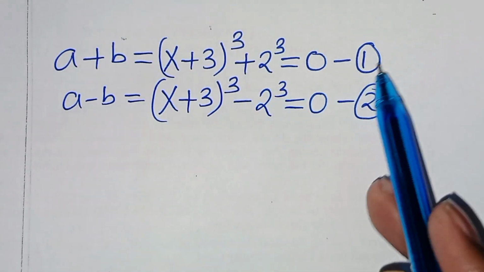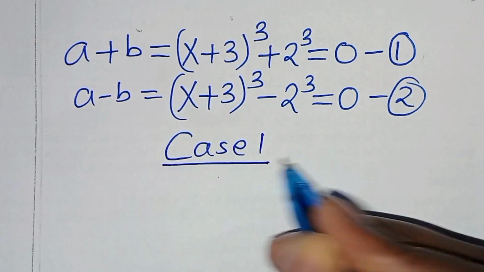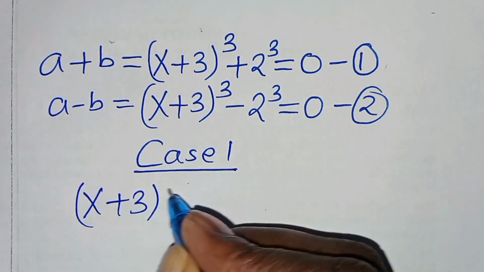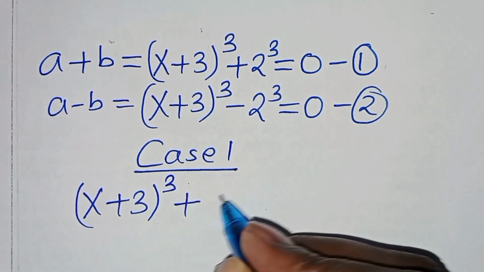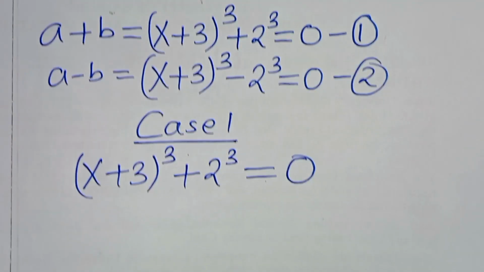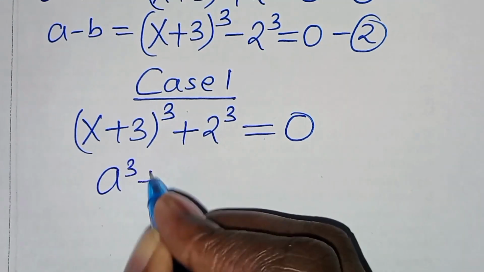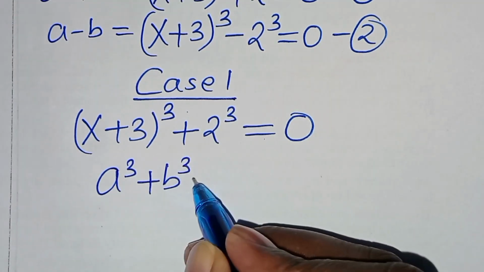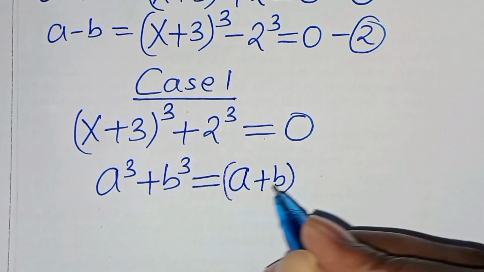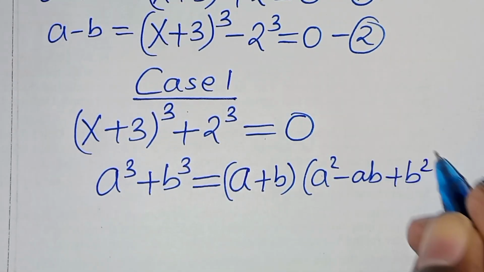Now, let's start to solve equation 1, which I can call case 1. From case 1, we have (x+3)^3 + 2^3 equal to 0. Now, this is actually in the form of a cubed plus b cubed, which is the sum of two cubes, which you can express as (a plus b)(a squared minus ab plus b squared).